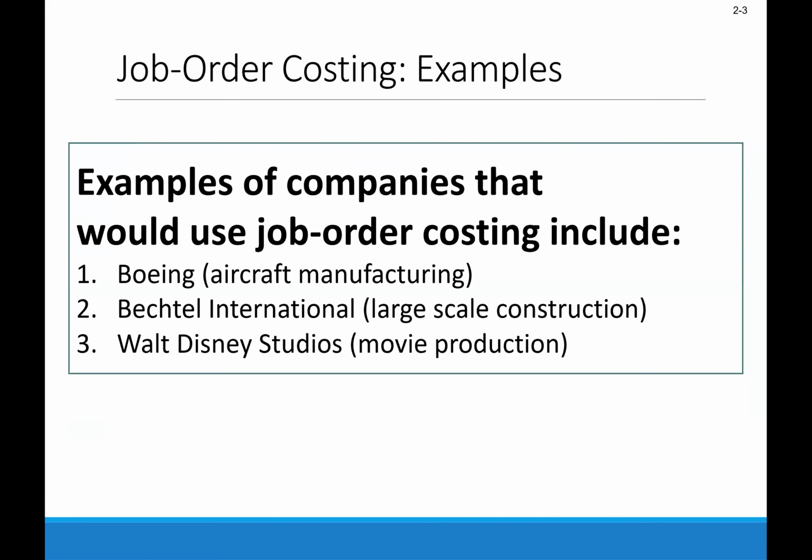Examples of companies that would use this, of course, Boeing. When they're creating aircraft, the aircraft is going to be different for who their customer is. Large construction companies, Walt Disney Studios with movie productions, they need to keep track of what costs are associated to what production.